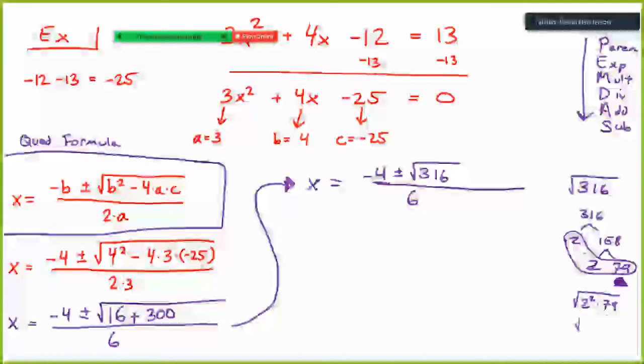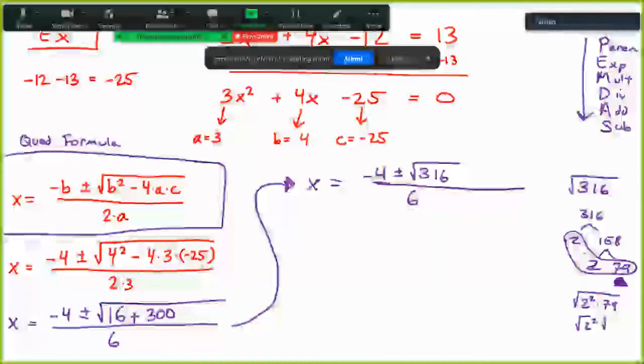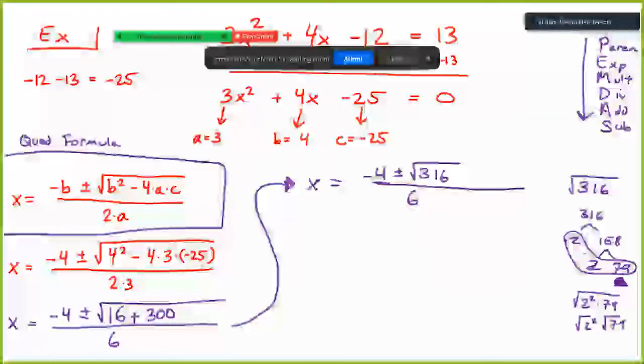So root of 2 squared, times root of 79. The square root and the squaring on the 2 are canceling. And the 79 is trapped inside. It doesn't get to come out because it would need another 79 to cancel. It doesn't have it though, right? So we're done simplifying. So 2 root 79.